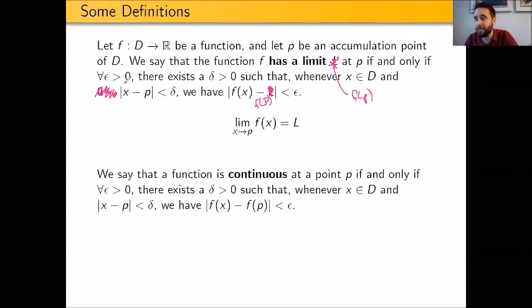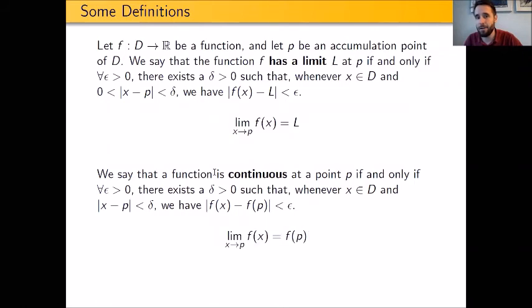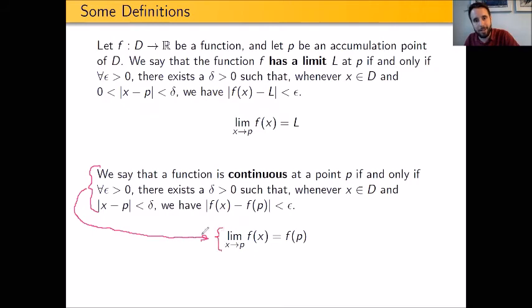And the content of that idea is summarized in Lemma 6.12 from the text, right? Lemma 6.12, which says that our function is continuous at p and it satisfies this definition if and only if the limit as x goes to p of f of x is actually f of p. So it turns out that the definition of a function being continuous, so all of this, that is true if and only if this statement is true right here.